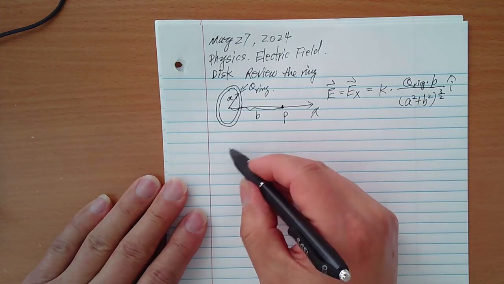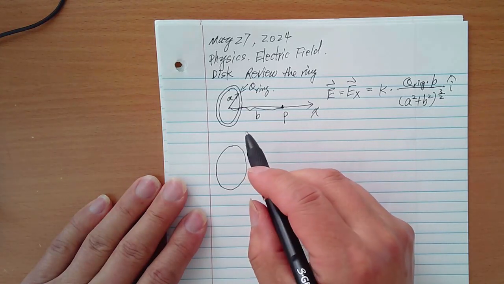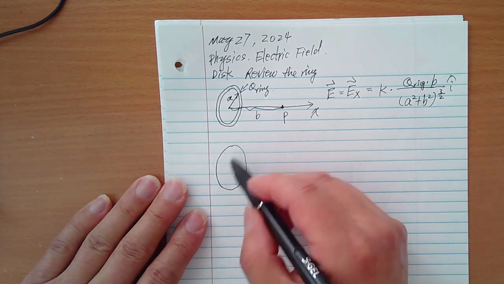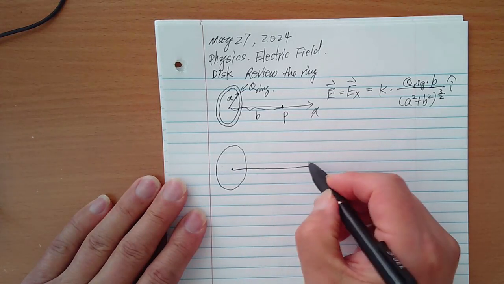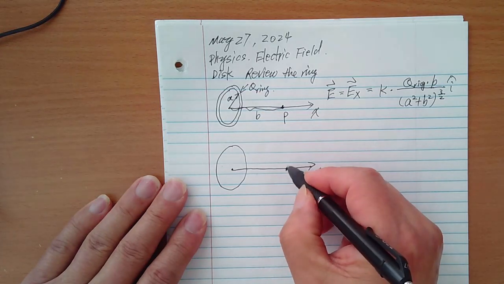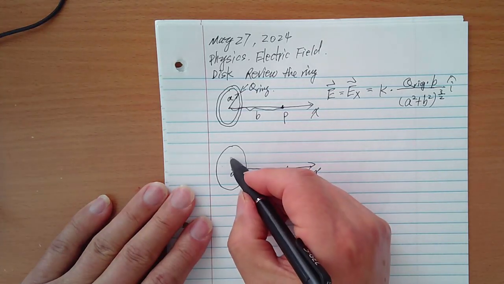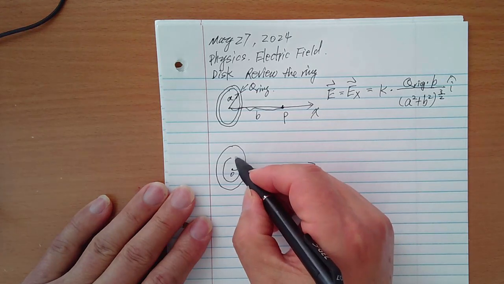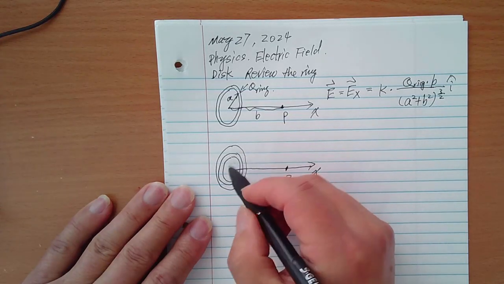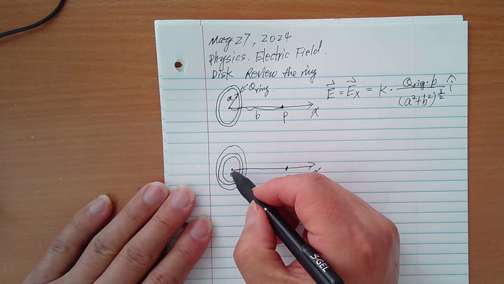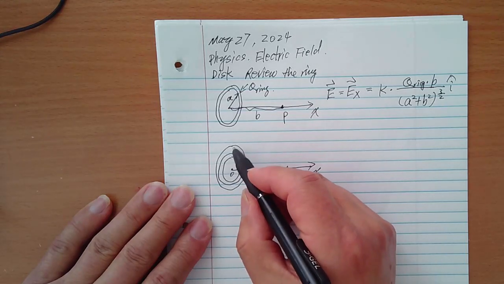Okay, now today we're talking about the disk. The difference between a ring and a disk is that the disk covers everything in this plane. Again, from the center we draw a line x, at the point P. This is the origin, and then we have a little ring right here, a randomly picked ring, and we can integrate from 0 to r.